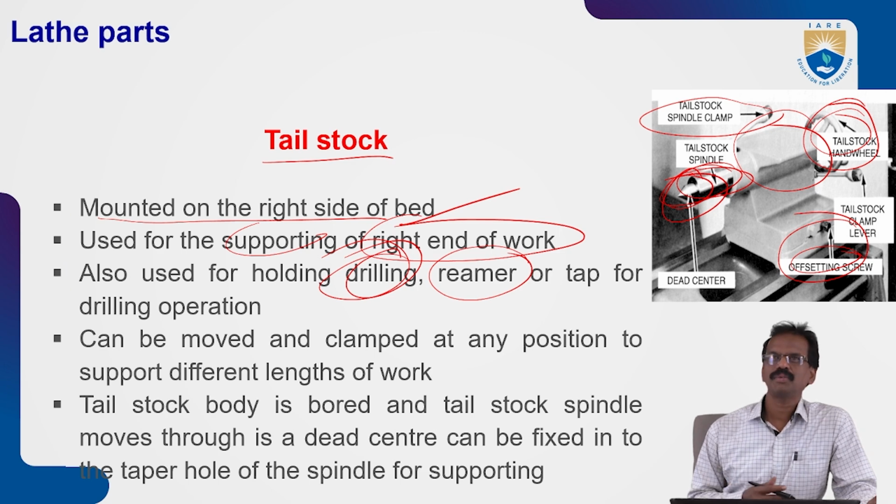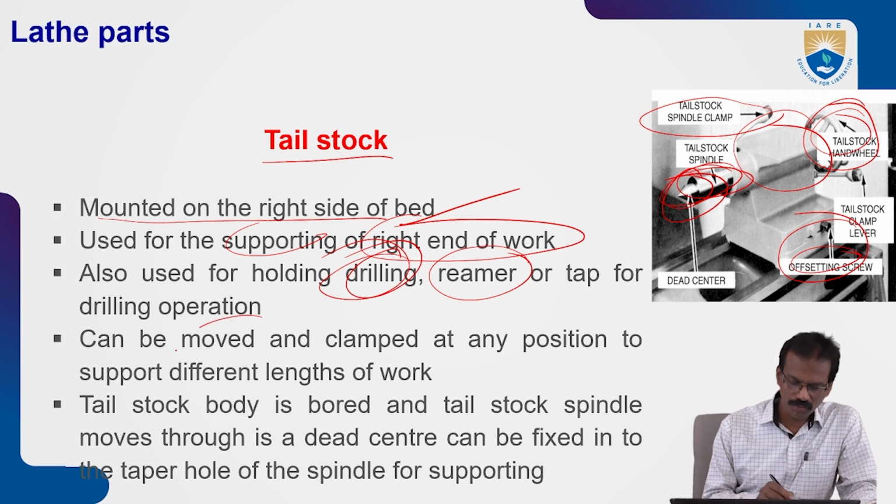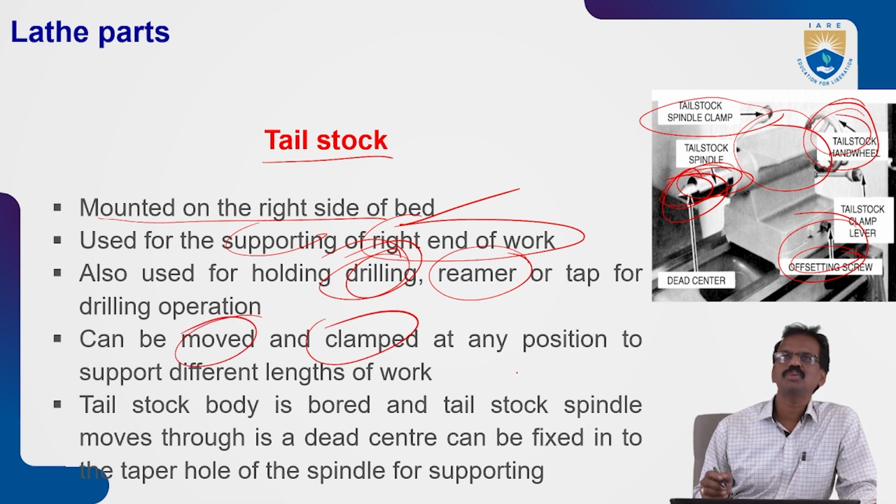We can accommodate different tools in the tailstock to perform different operations. It can be moved and clamped at any position. It can move by unlocking the offsetting screw. We can move it on the guideways, and we can fix that tailstock by the help of the offsetting screw.